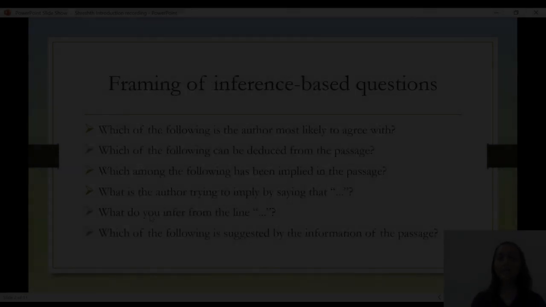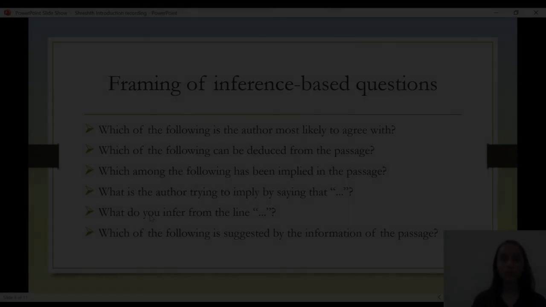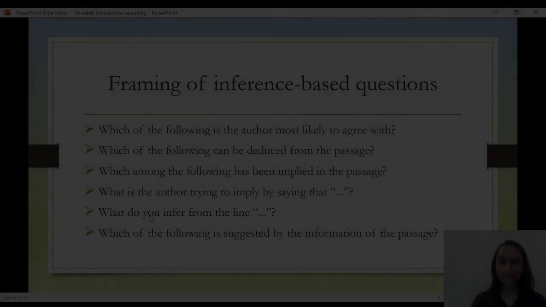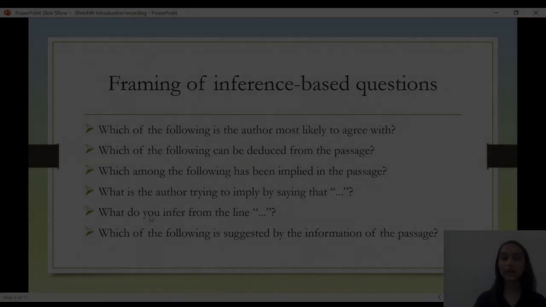Alright, so inference-based questions are usually worded in a couple of different ways. So the moment you see questions worded like this, you should be able to identify that these are inference-based questions. So first is, which of the following is the author most likely to agree with? Which of the following can be deduced from the passage?